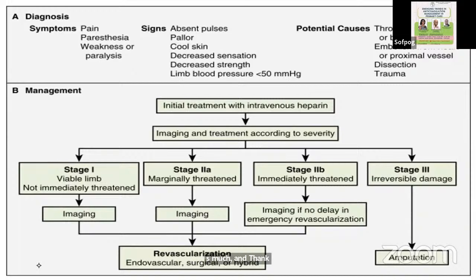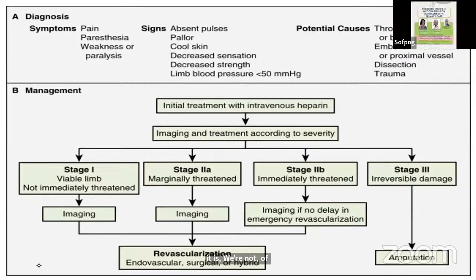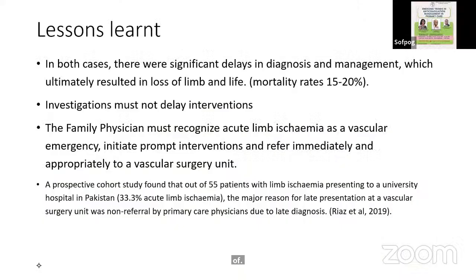Again, there may be some time, but when you move to Rutherford 2B, where the limb is immediately threatened, you need to weigh the benefits against the risk. Doppler ultrasounds are quite easy to do and available in a lot of primary care settings, but angiography may take a bit of time, and so it should not delay your intervention and referral to a vascular surgeon. Rutherford 1, 2A, and 2B can be salvaged; with Rutherford 3, you have to amputate.